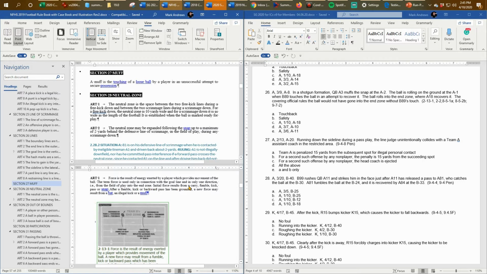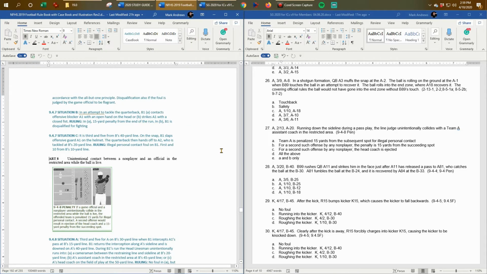Initial force results from a carry, fumble, kick, pass, or snap. After a fumble, kick, or backward pass has been grounded, a new force may result from a bat, an illegal kick, or a muff. So the new force is applicable here. So we've got a new force which put the ball in the end zone. A recovers, it's a touchback. The answer is A.